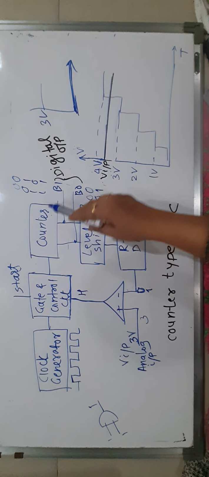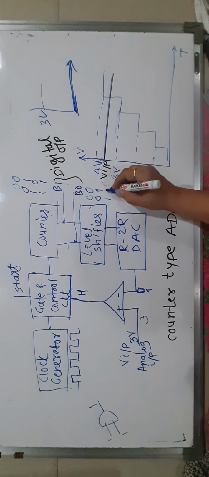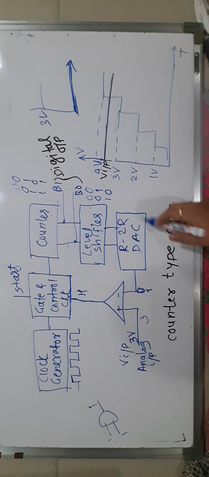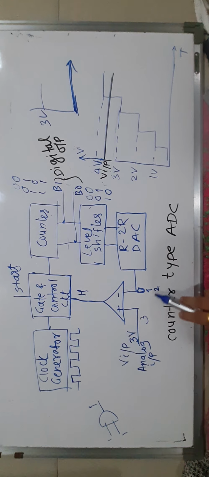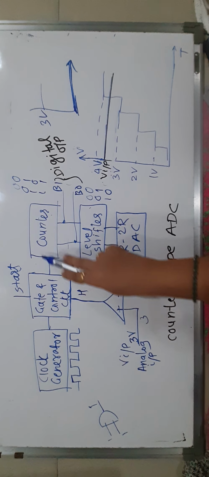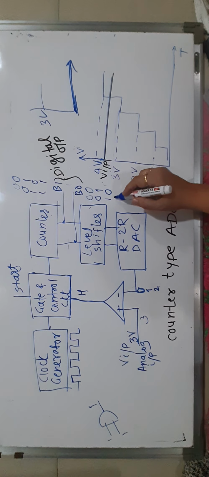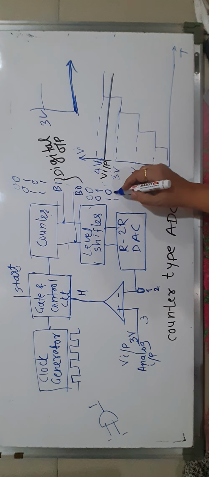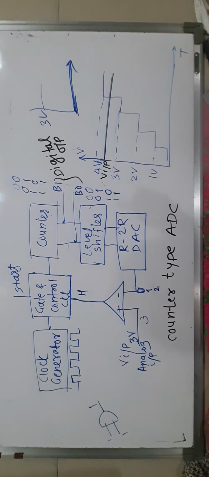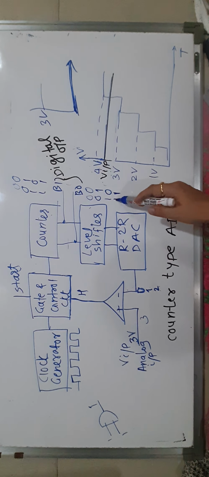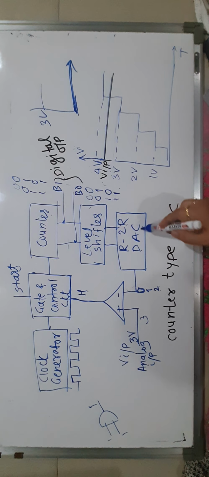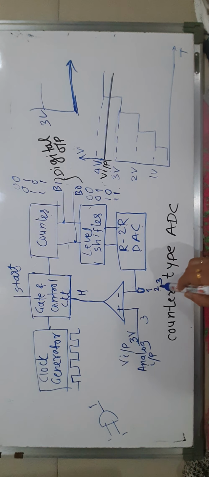Again the counter is incremented by 1, now it will become 10, which in analog form is 2. Now 3 and 2 are compared, again the output will be high, the counter will be incremented by 1, it will become 11, which is nothing but, when 11 is converted from digital to analog form, it will become 3 volt.